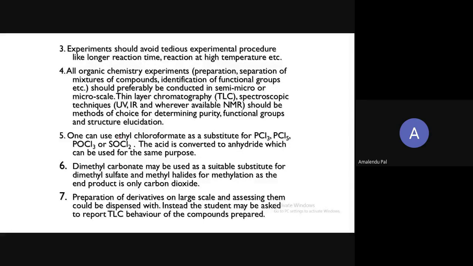Another thing, one can use ethyl chloroformate. Ethyl chloroformate we can use in our lab instead of PCl3, PCl5, the use of chlorinated compounds. It is not good to use chlorinated compounds in the lab. Okay, so try to use ethyl chloroformate as a substitute for chlorinated compounds, because chlorinated compounds are not good. Another thing, dimethyl carbonate may be used as a suitable substitute for dimethyl sulfate and methyl halide in methylations.